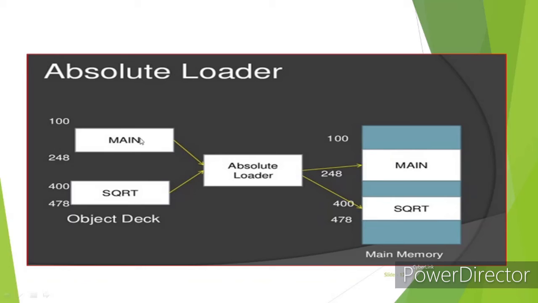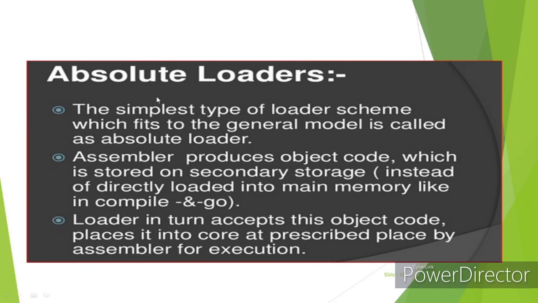These two object decks are passed to the absolute loader, and the absolute loader will place them into main memory at the exact locations specified in the object deck. So the main program will be placed at memory location 100, and the square routine at memory location 400.